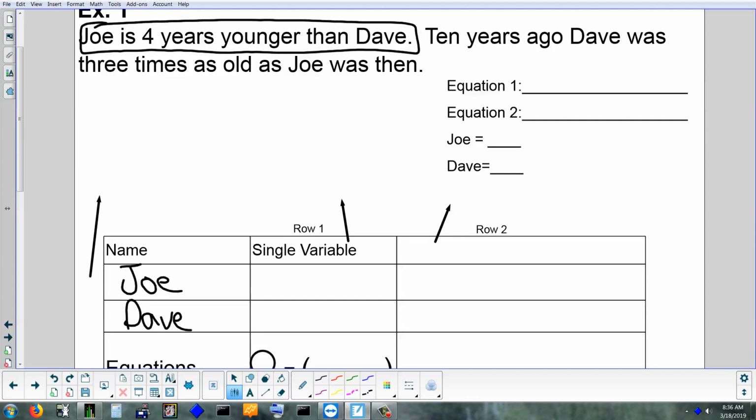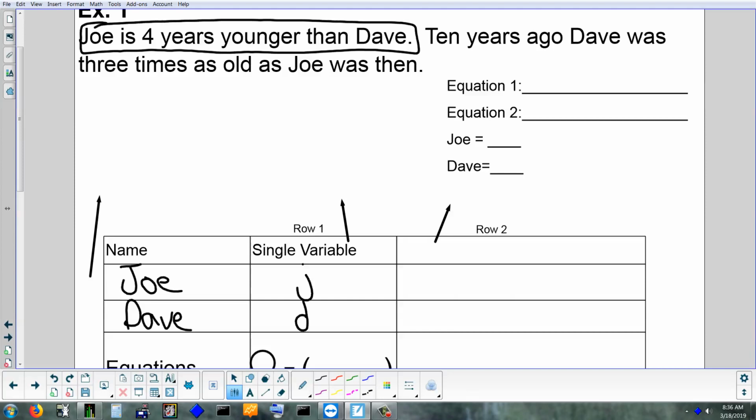What letter do I want to use? J. Again, it's talking about the present. 90% of the time, guys, that first sentence is going to deal with their ages in the present. So Joe would be J, Dave's going to be what? D. All right? So now I know how I'm representing them.